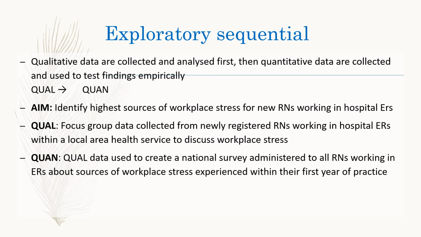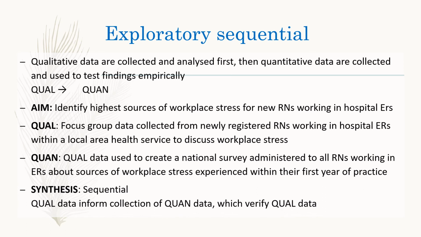This is followed by a national survey, created from the qualitative data, administered to all RNs working in ERs about sources of workplace stress experienced within their first year of practice. So what is the synthesis? It's sequential. Qualitative data inform collection of quantitative data, which verify the qualitative data.